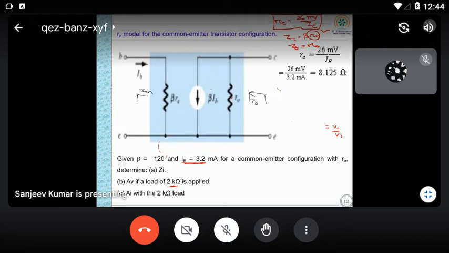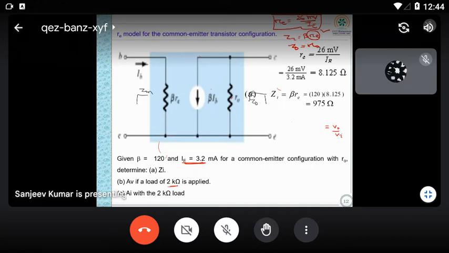Now input impedance will be beta RE, which will be 975 ohm. Beta value is already given, 120, and you can use that value. Now voltage gain you already derived: RL by RE.